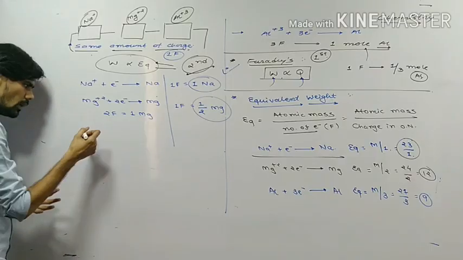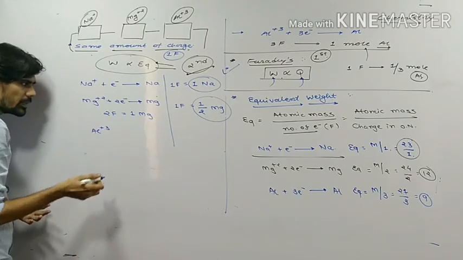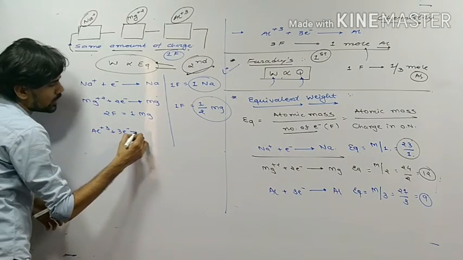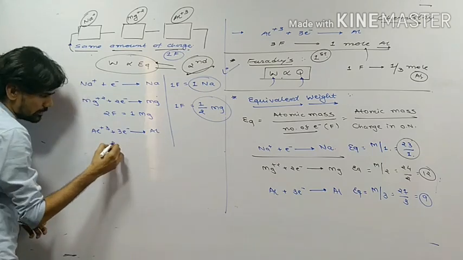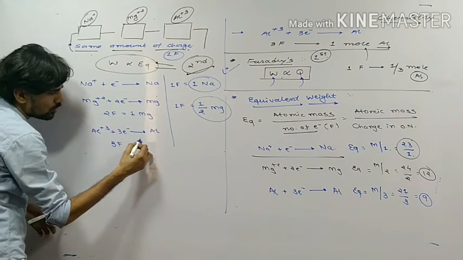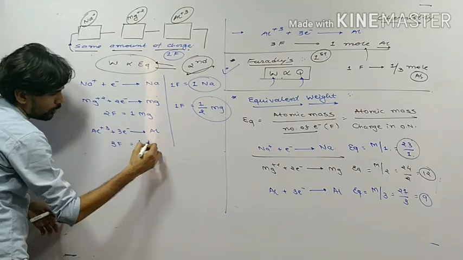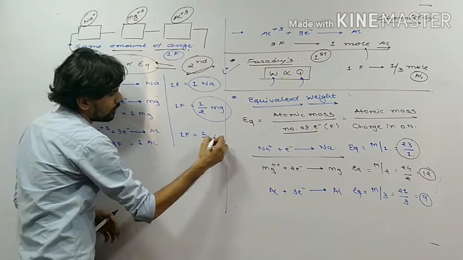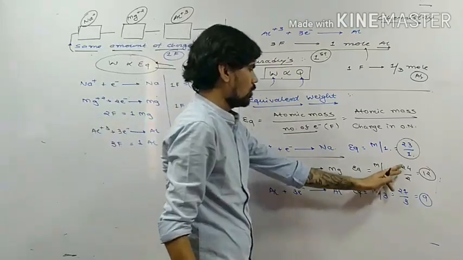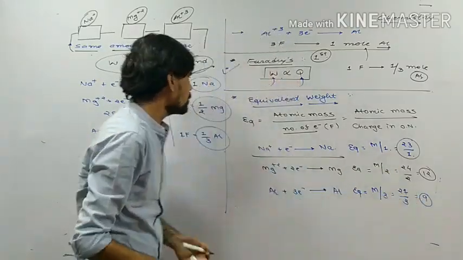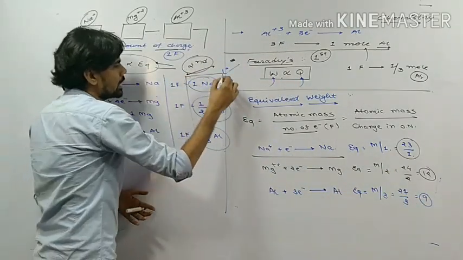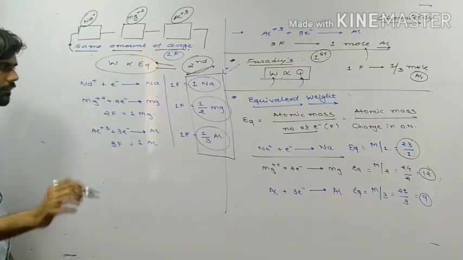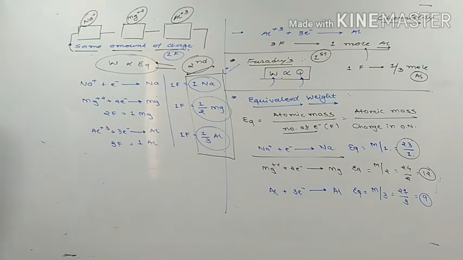Last, aluminium plus 3 electrons gives aluminium. 3 Faraday is equal to 1 mole aluminium, then 1 Faraday is equal to 1 by 3 aluminium. 1, 1 by 2 magnesium, 1 by 3 aluminium, they are the equivalent weights of the different atoms or different ions.